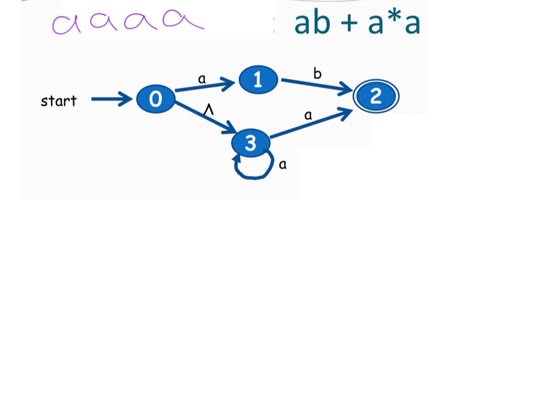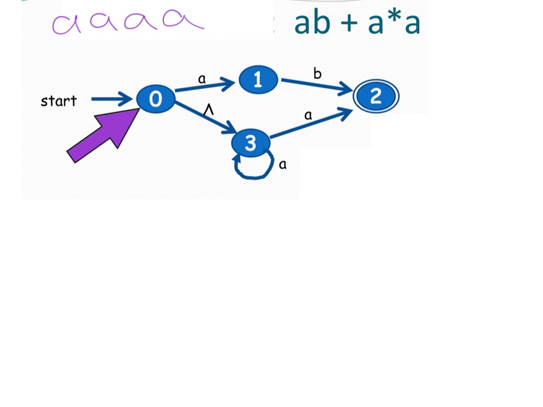And this time, instead of magic, we're going to keep track of all the places we could be at any given time, okay? And so when we start, of course, we think of ourselves as starting at state 0 because that's the start state.